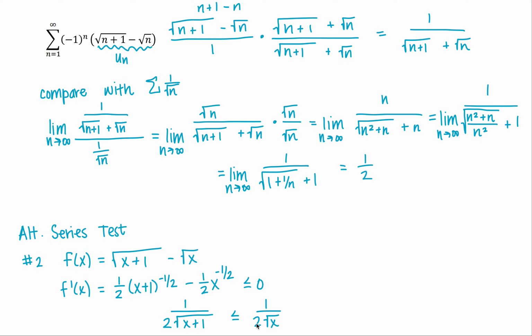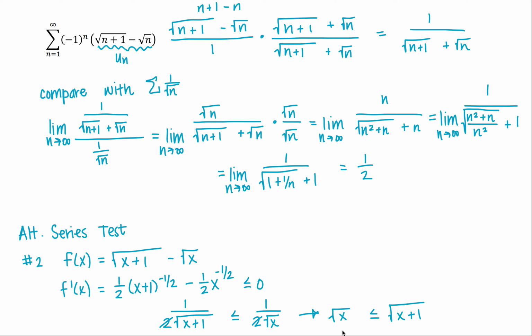I can multiply both sides by 2 and get rid of those 2's. And then if I cross multiply, I have the square root of x less than or equal to the square root of x plus 1. We can actually square both sides, and it would be x less than or equal to x plus 1. So that's going to hold true for all of our values here. So that shows that it is non-increasing. Okay, so that's number 2 for the alternating series test.